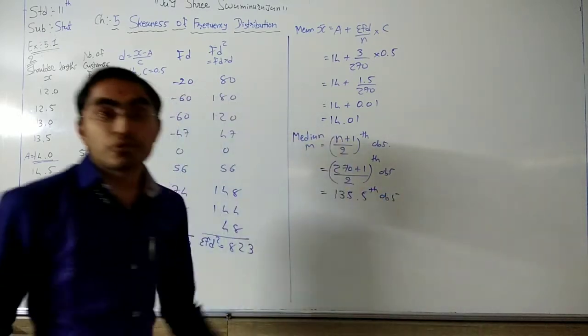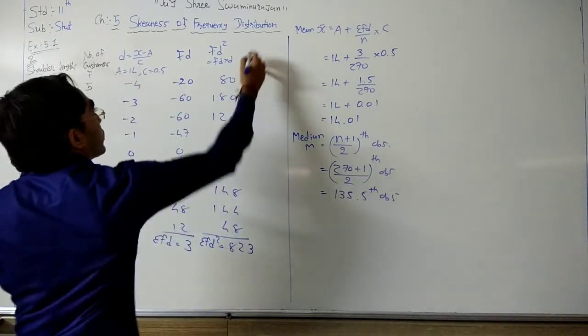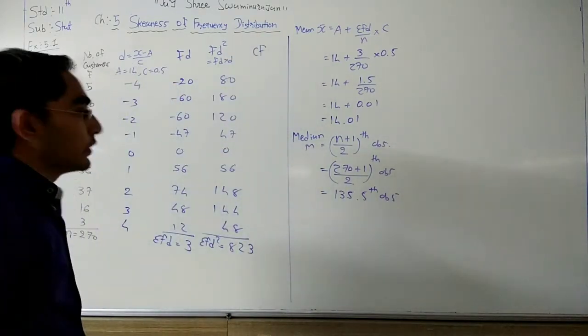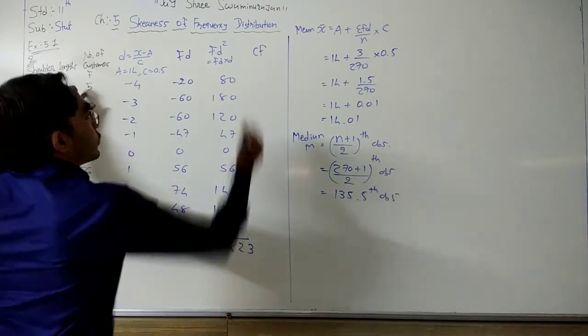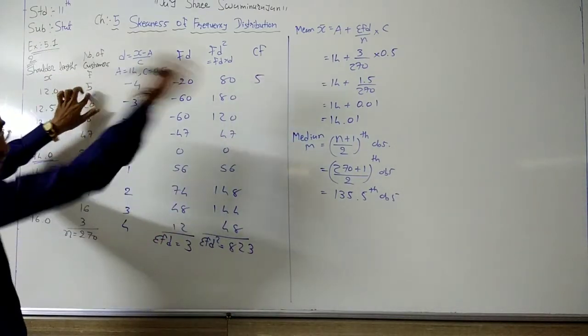Now this value we need to check in CF. So first of all find out the CF, cumulative frequency. Okay, here we have frequency. So first of all 5 as it is, first frequency as it is.